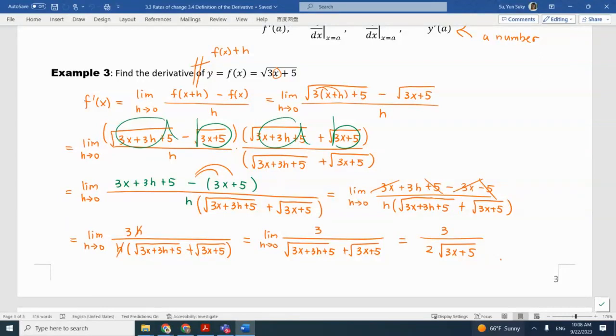We know the point, we know the slope, so point-slope form: y minus the y coordinate of the point equals the slope times x minus the x coordinate of the point. Okay?